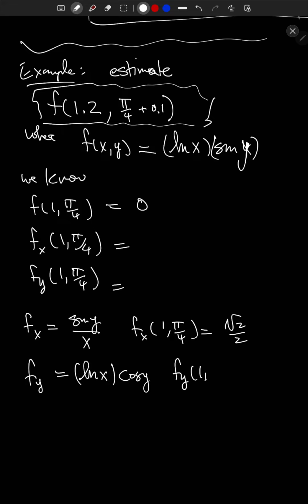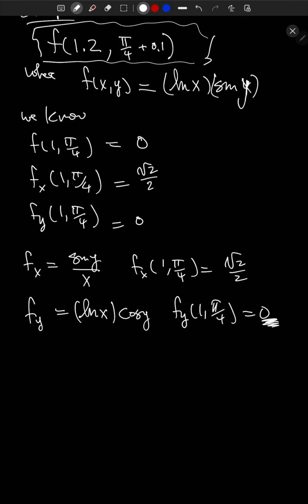So f sub y at 1 comma pi over 4 is going to be equal to 0. All right, and it's perfectly legal to have a term be 0. It just means that in a first order manner, or when you're thinking of first order change, your function is not changing in the y direction. Okay, so this was root 2 over 2, and this second one was 0.